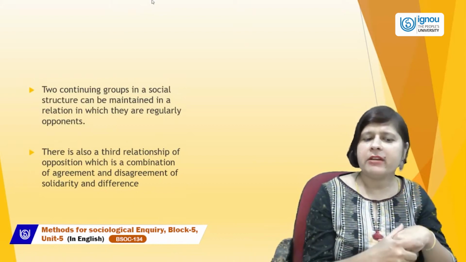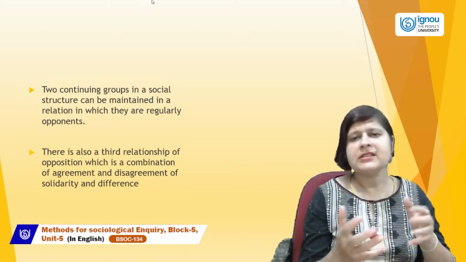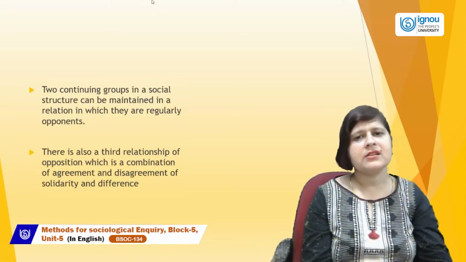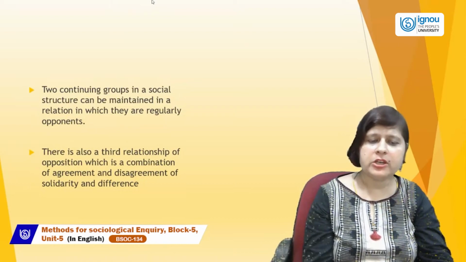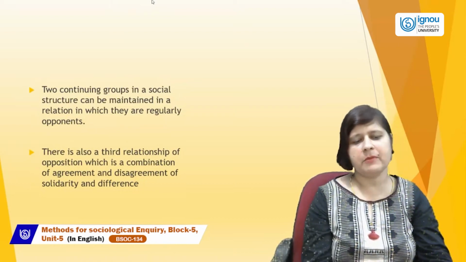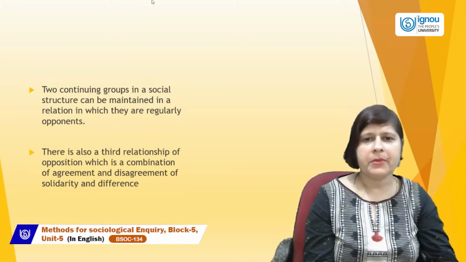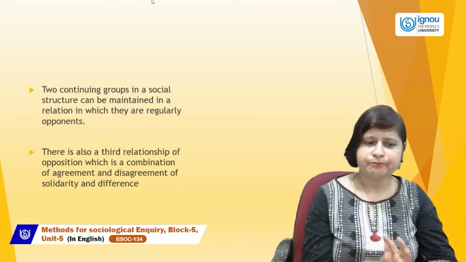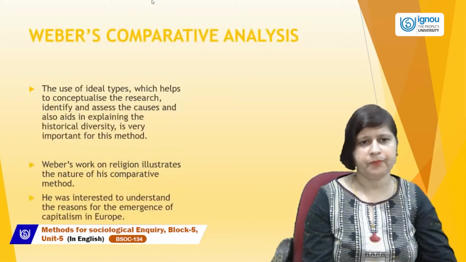It can be maintained in a relation in which they are regularly opponents, but it again plays an important role in society. Next, there is also a third relationship of opposition, which is a combination of agreement and disagreement, of solidarity and differences.